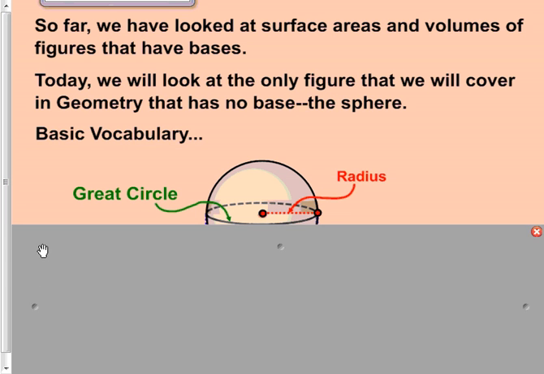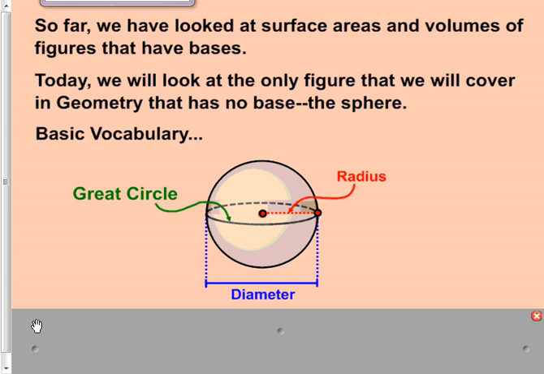Okay, so basic vocabulary here. Some of this you are familiar with, others maybe possibly not. Now, of course, circular objects, one of the biggest things that we need to know about a circular object is its radius. That is still true when it comes to the sphere, but of course, a sphere radius can measure in any direction away from the center.